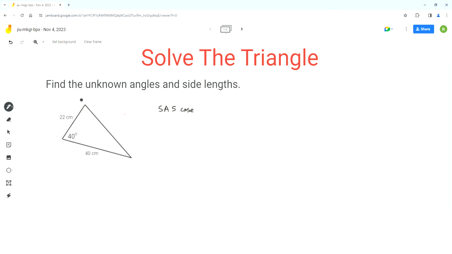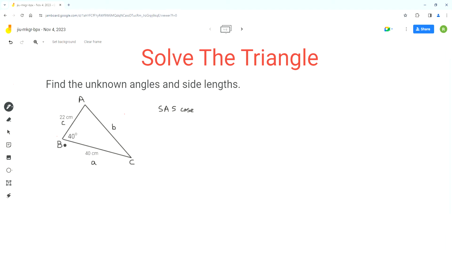Now I'll label the corners of this triangle to make it easy to reference the angles and sides. So the side opposite corner B is side B, so we label it as lowercase b. The side opposite angle A is the lowercase a, and the side opposite angle C is the lowercase c. So now we can start by writing the equation for cosine law.